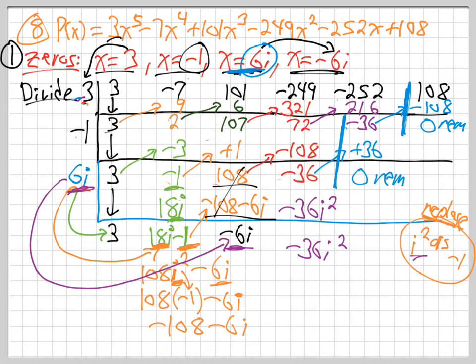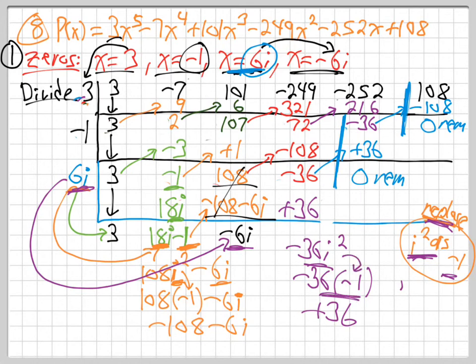We leave regular i's, but i squareds, we replace i squareds as negative 1. So that'll be negative 1, which is positive 36. This is going to become positive 36. Do you see that? Because it was 36i squared, and i squared is negative 1, and negative 36 times negative 1 is positive 36.